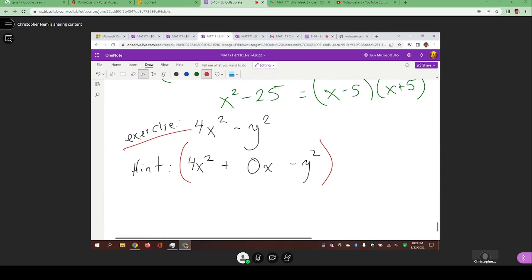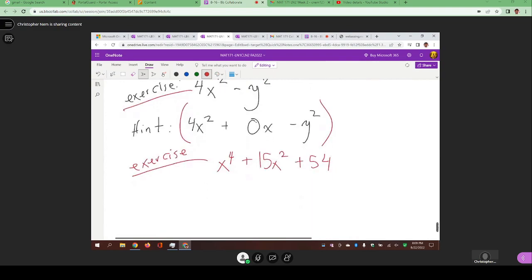The second exercise I want you to give a shot is this problem right here: x to the fourth plus 15x squared plus 54. This over here. So I want you to give this a shot.